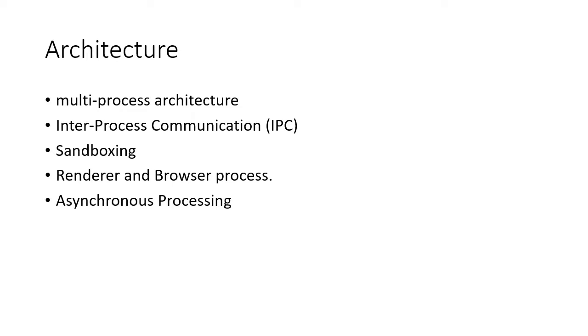Now let's discuss Chromium's architecture. The main idea behind Chromium's architecture is that the team wanted a stable, fast, and reliable browser. For this, they went with a multiprocess architecture. So, what's a multiprocess architecture? In Chromium's architecture, we have 2 to 3 processes running constantly in the background.